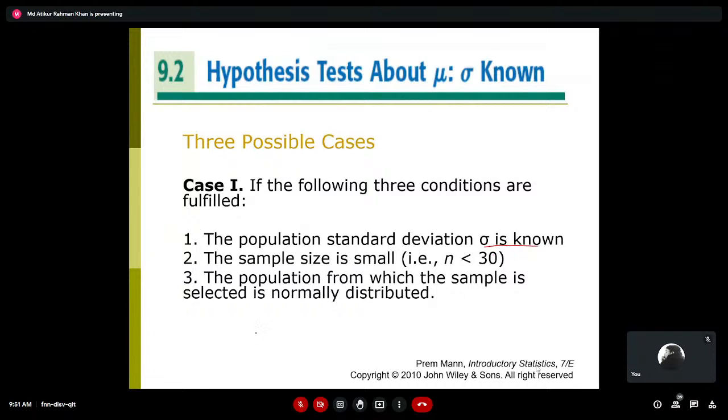The sample size is small. The population from which the sample is selected is normally distributed.